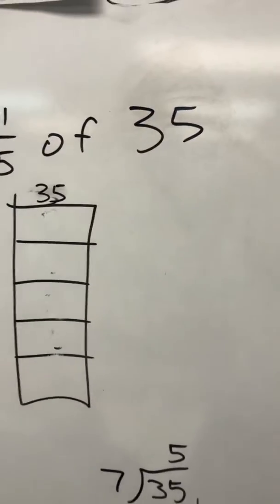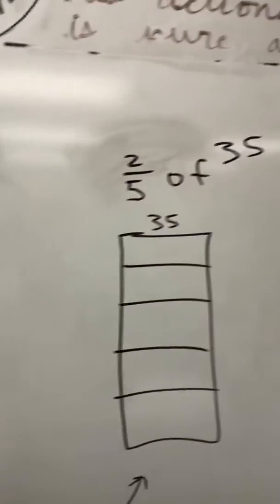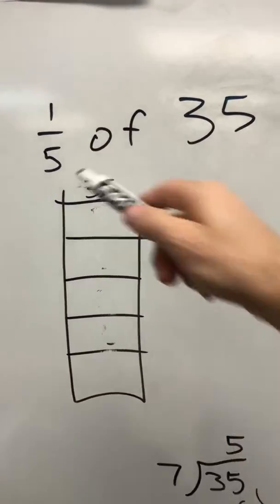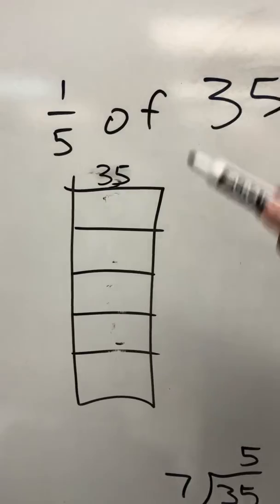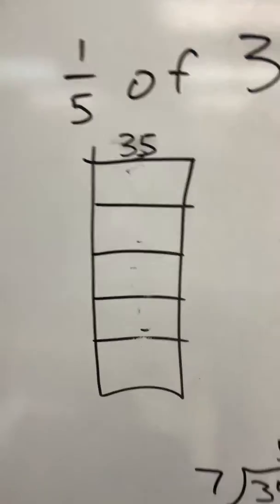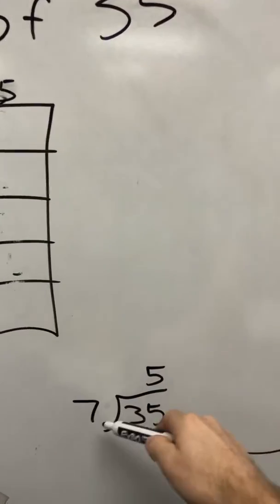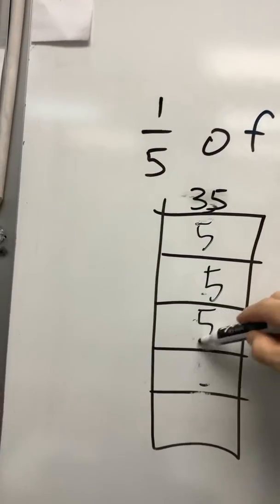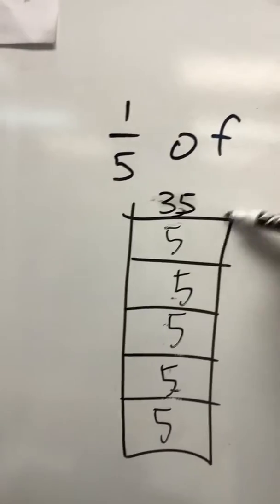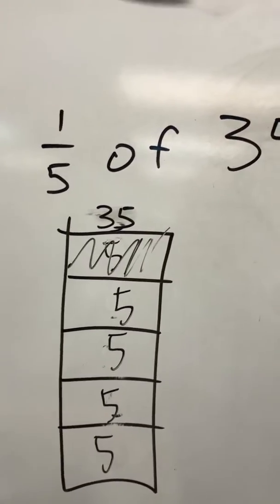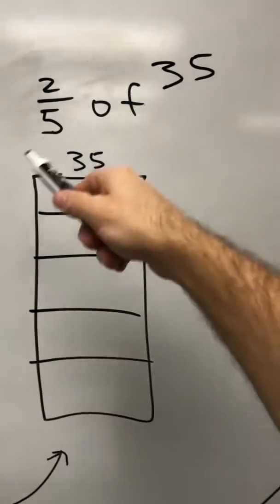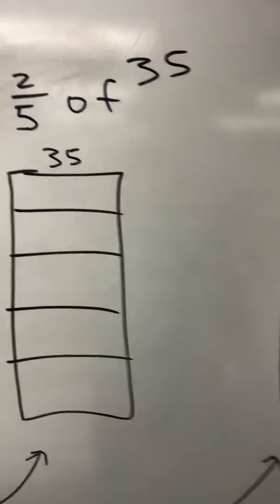So here we go. Okay, 1/5 of 35. We're about to get into this. That's our new concept. This is a review, but we're going to use this. 1/5 of 35. Here we're going to have our work problem. 35 divided by 5 is 7. So 7, 7, 7, 7, 7. So 1/5 equals 7. But now here's our 2-step, right? I need to do 2/5 of 35, if that's your problem in your book.